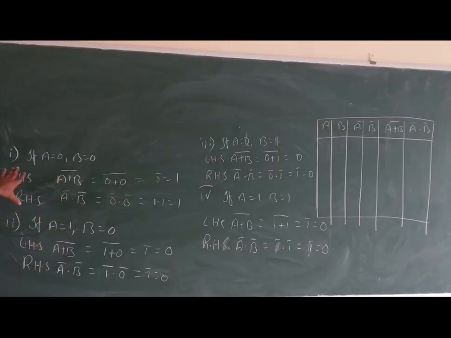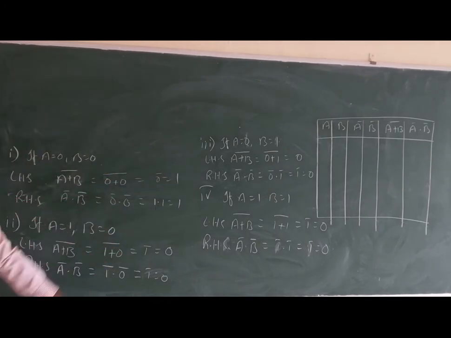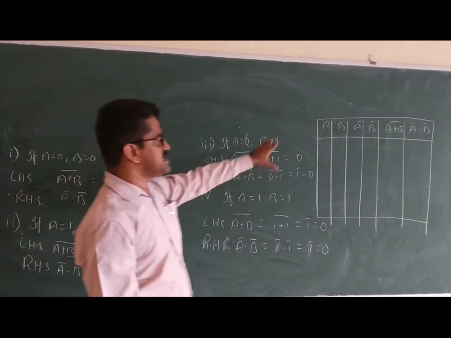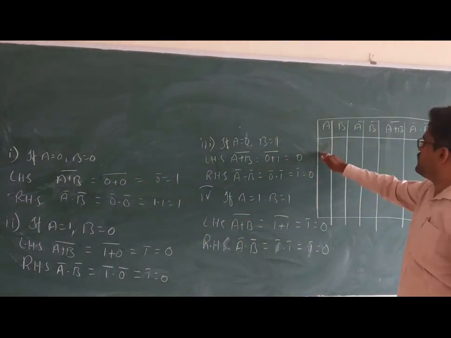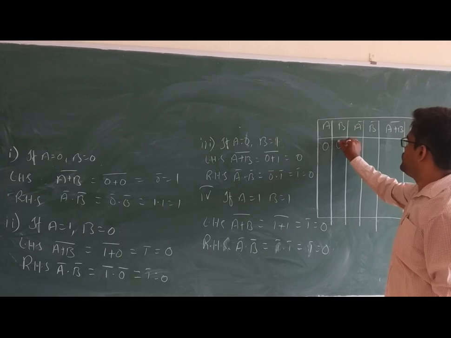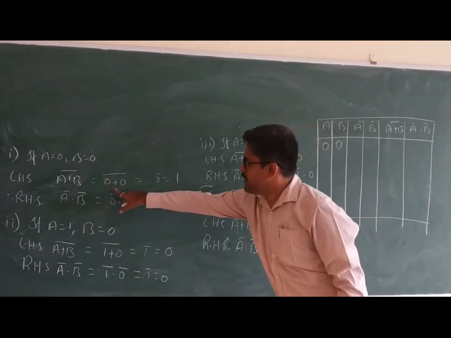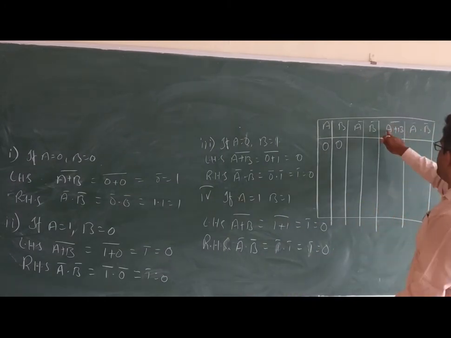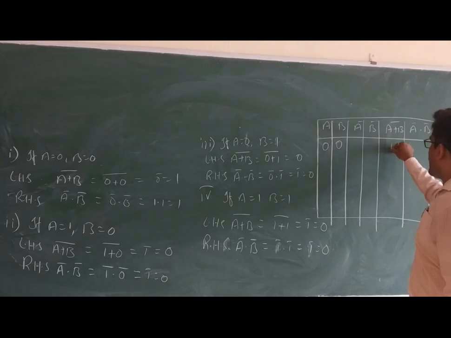We see that from these four cases, LHS is equal to RHS. Now we have to summarize these four cases in a table. Let us consider A is equal to 0 and B is equal to 0. For the first case, A plus B whole complement gives 1.